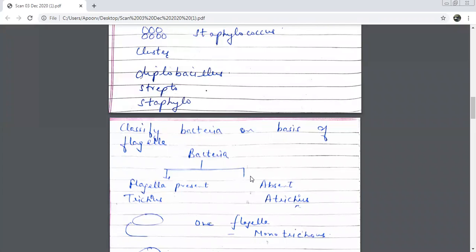Cilia are smaller. Cilia are present in a larger quantity while flagella is a single unit. Okay. Very good. Others, any difference you can think about cilia and flagella? Cilia are more in number than flagella.